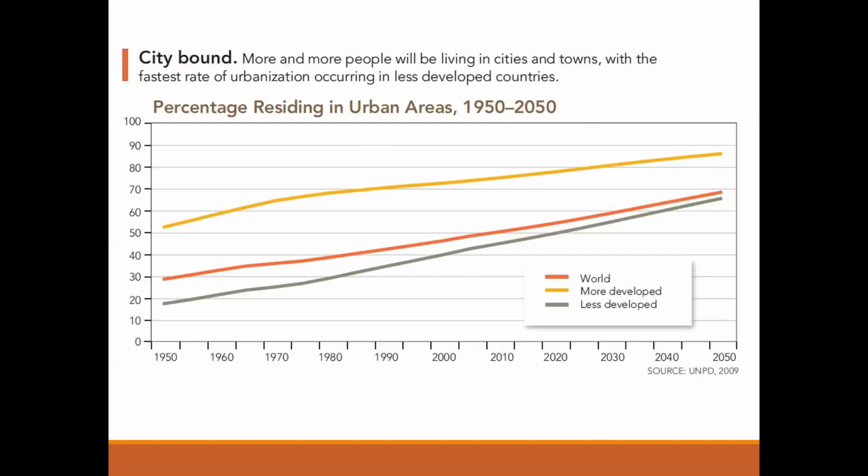Okay, and then finally, the last piece I want you to understand about these trends is that more people are moving into urban areas. We have seen this, particularly in this country, very strongly since about the 1950s and 1960s. Right around here is when we started seeing massive migration from farms or rural areas into cities.